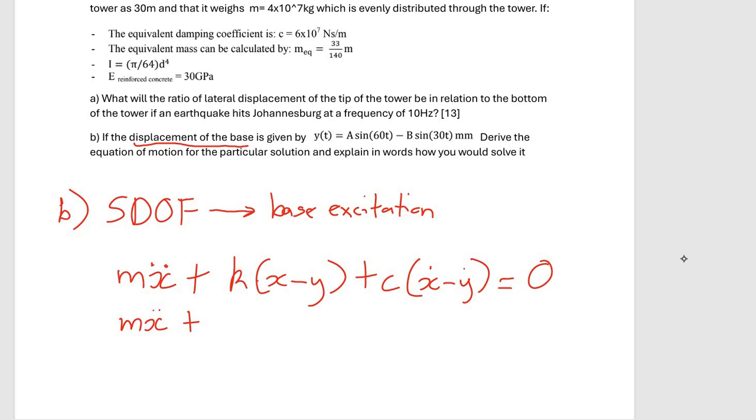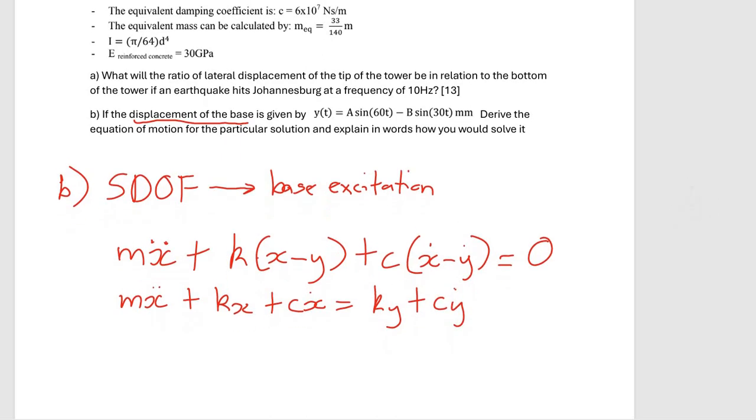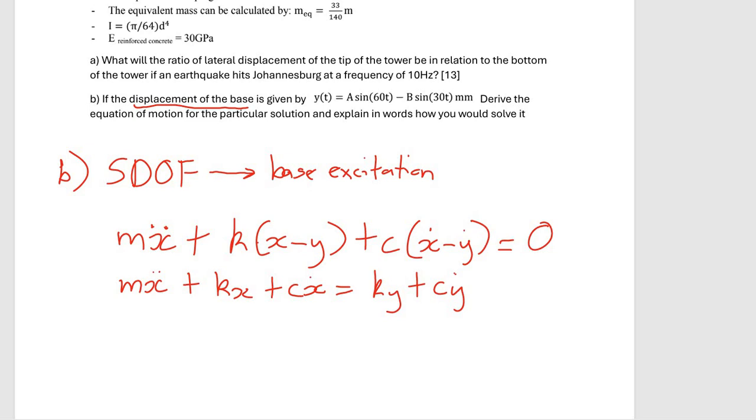So we have m x double dot plus kx plus c x dot is equal to ky plus c y dot.